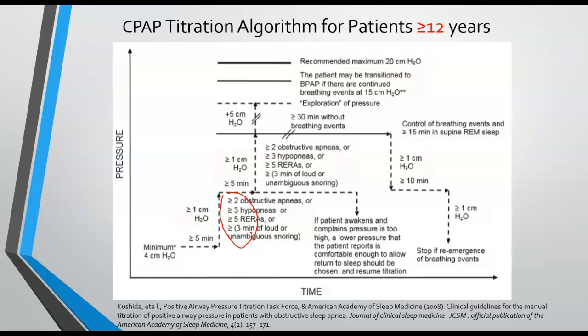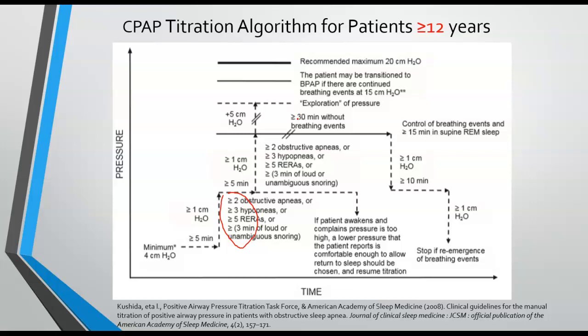If you see them again, you increase it until you see there is no event for around 30 minutes. So, for example, you might start a patient at a CPAP of 5, and then you end up at 6, 7, 8, and then you don't see any more respiratory events. You just wait there. You don't have to do anything else.